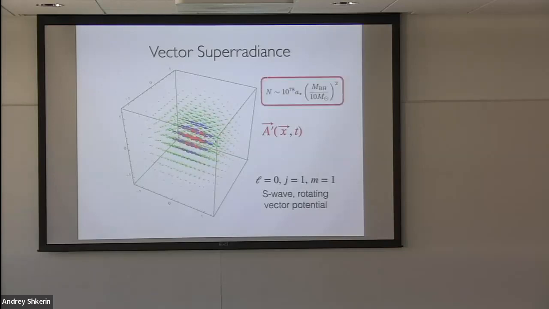Is there a hyperfine structure? This cloud has an angular momentum, and like a nucleus, the black hole has an angular momentum. So one could have an interaction between the two and a hyperfine structure.